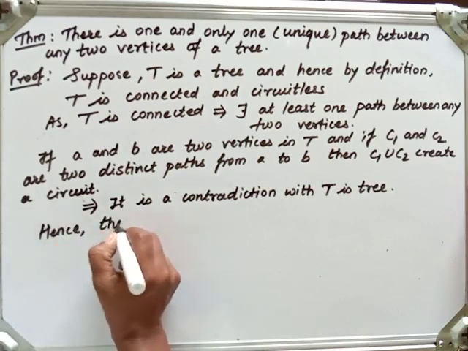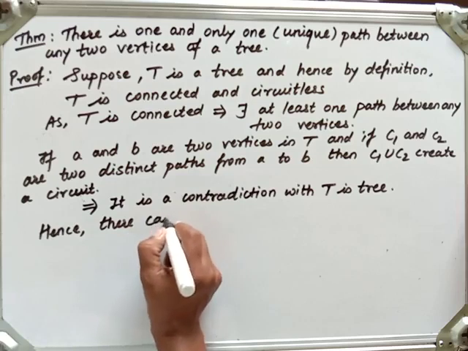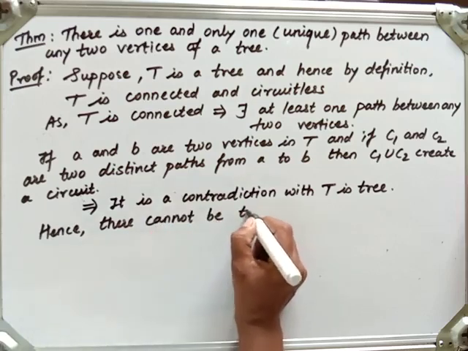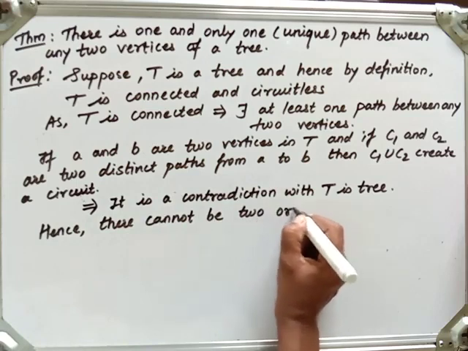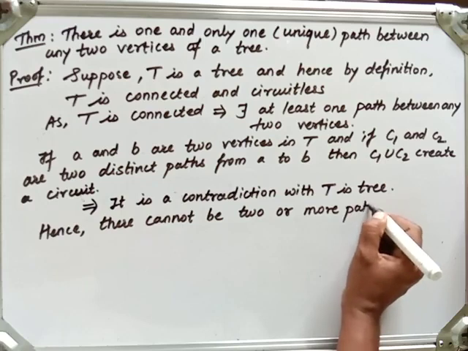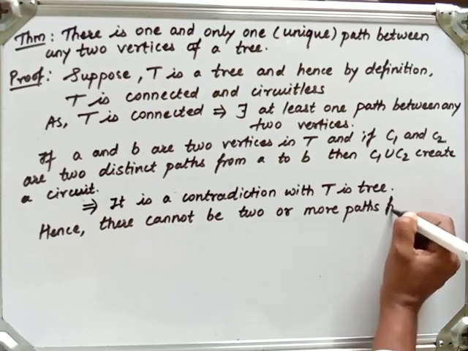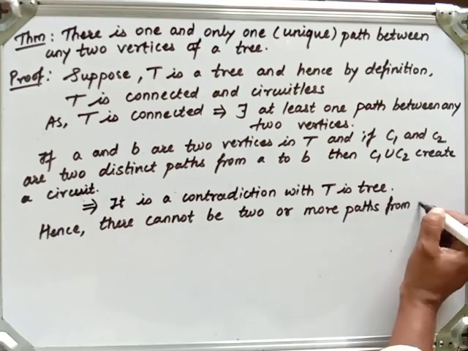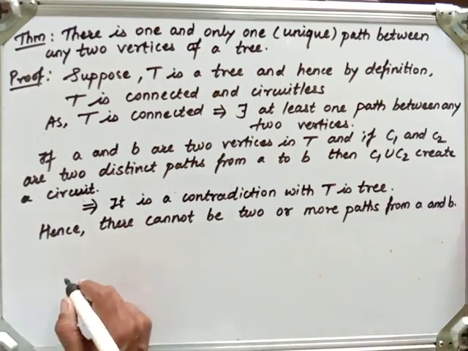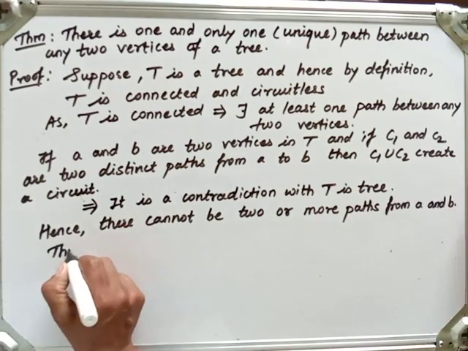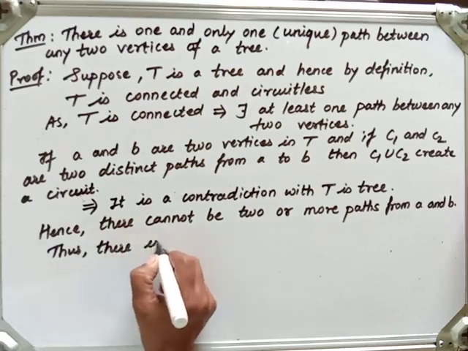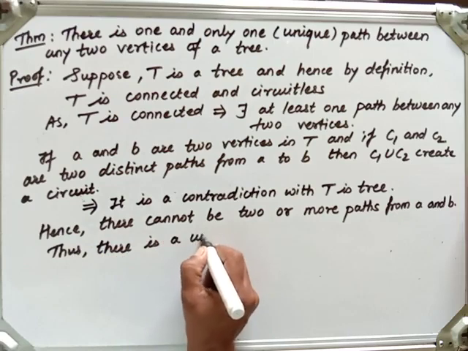Hence, there cannot be two or more paths from A to B. Thus, there is a unique path.